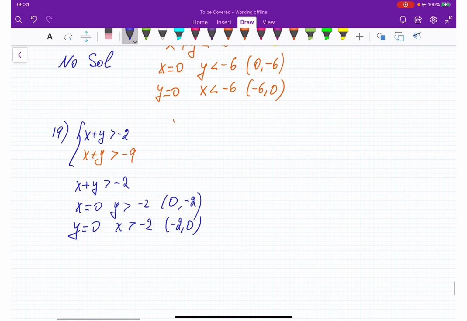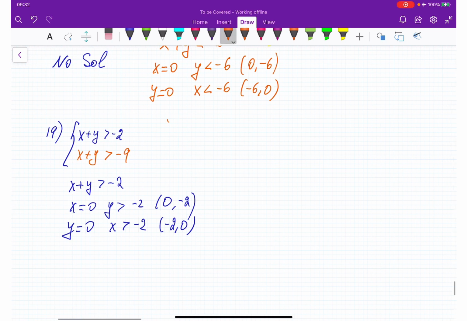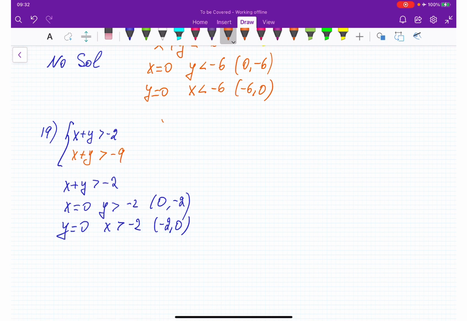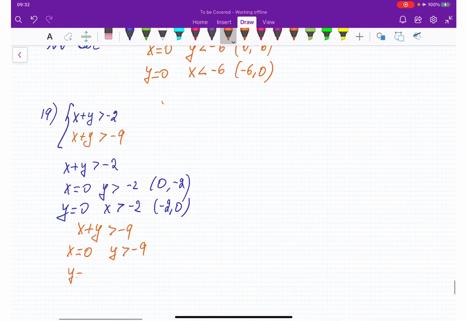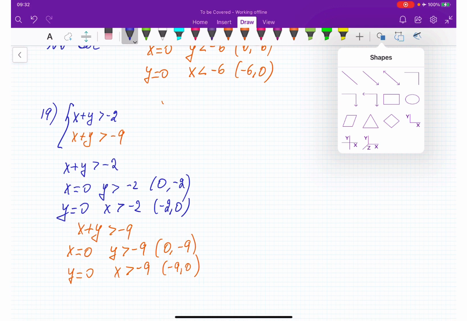Okay, accordingly, let me put the brown equation also. So we will have x plus y greater than negative 9, where x is equal 0, y is greater than negative 9, and y is equal 0, x is greater than negative 9. So we have 0, negative 9, and negative 9, 0.